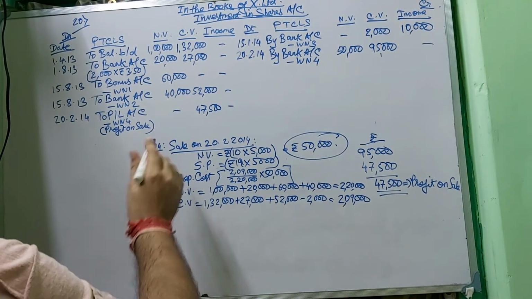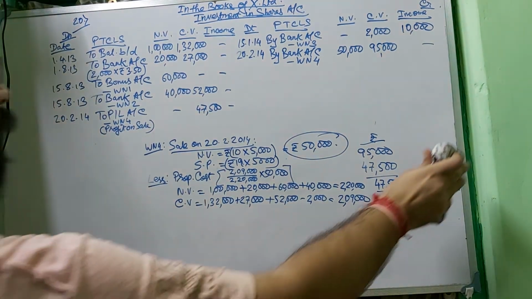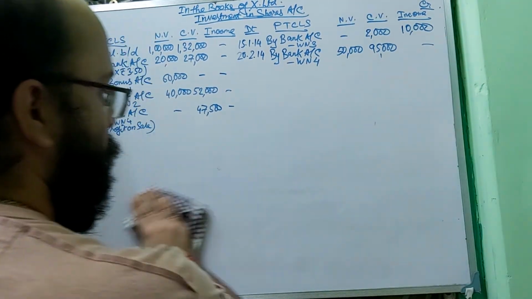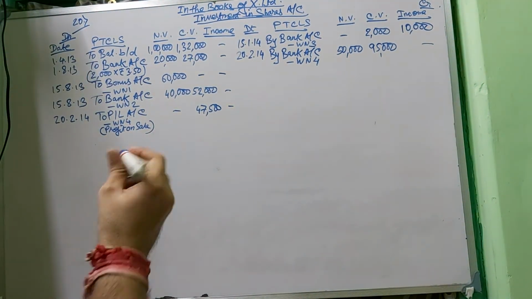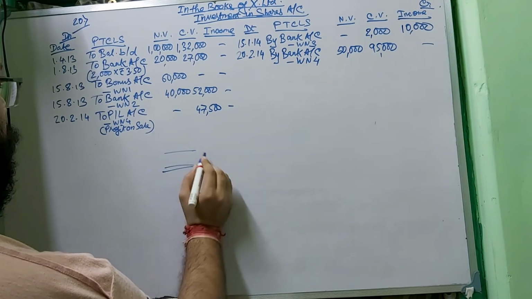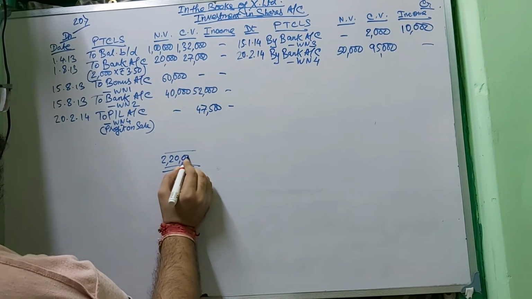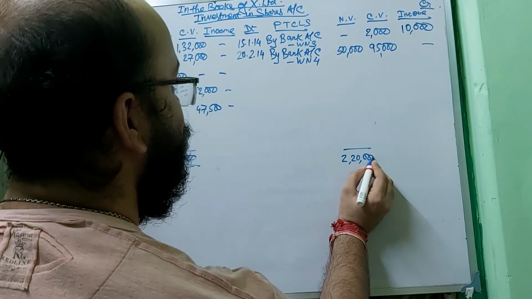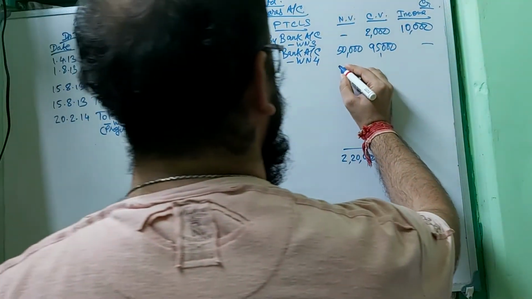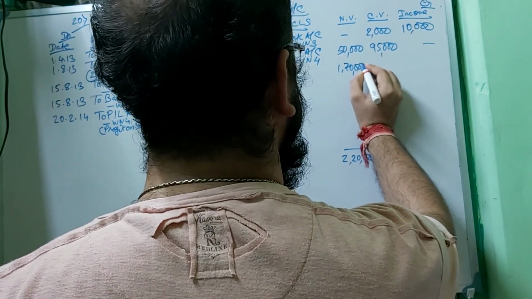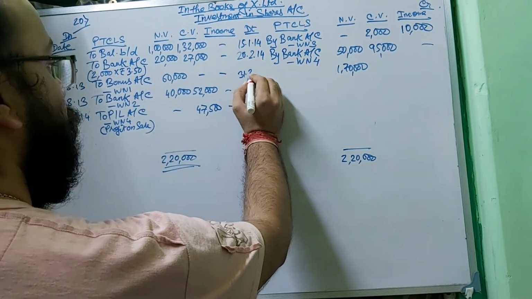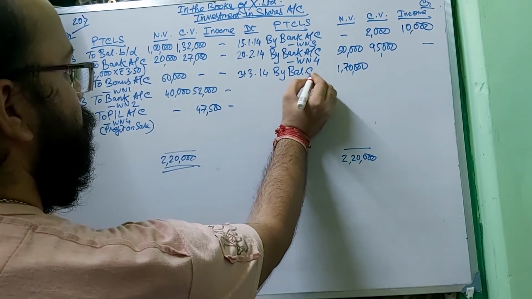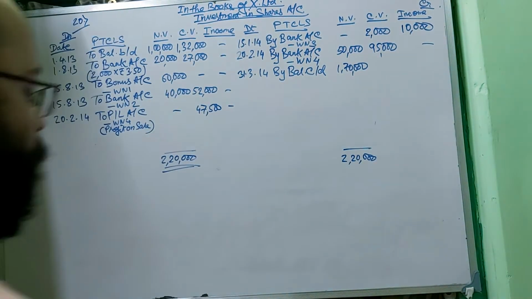Now you calculate it. I shall remove this part. You can easily calculate this. This is 2,20,000. This is also 2,20,000. So the balance is 1,70,000. That will be the balance c/d, which is on 31/3/2014 by balance c/d.